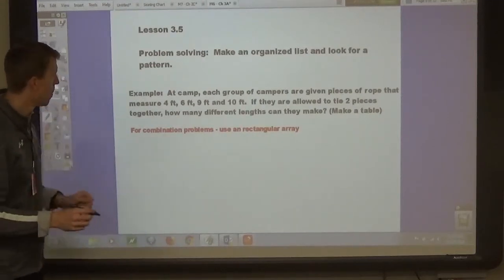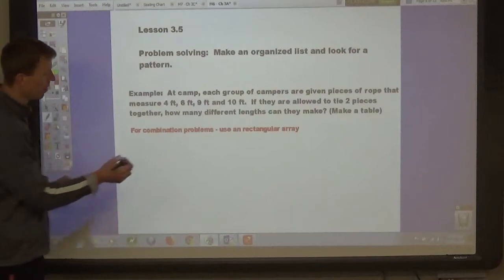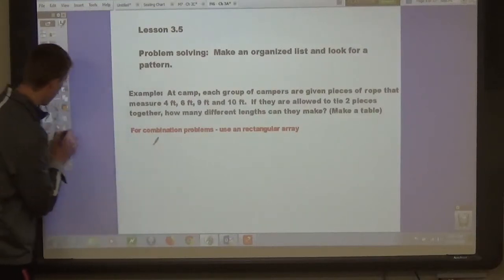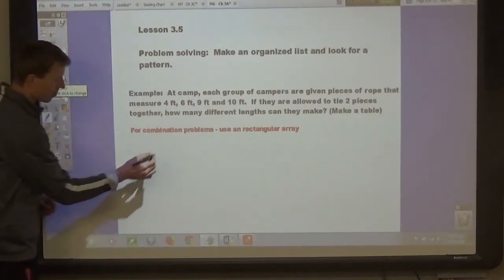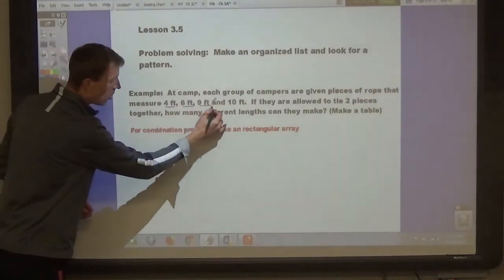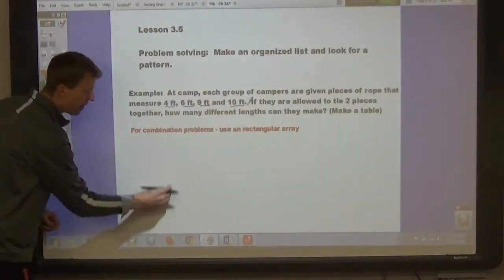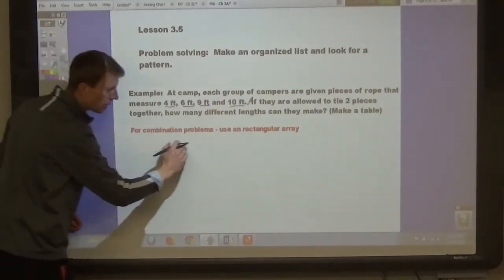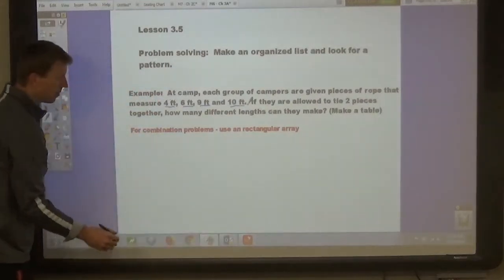So, a rectangular array uses a rectangle format to list all of the possibilities going down and then list the possibilities going across.